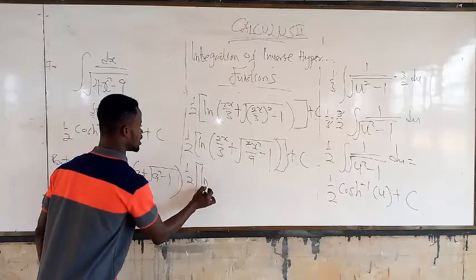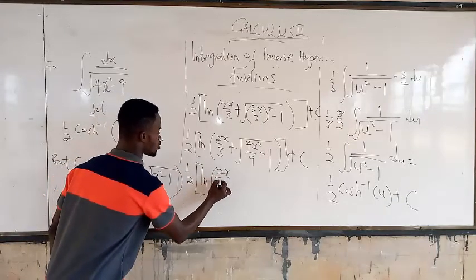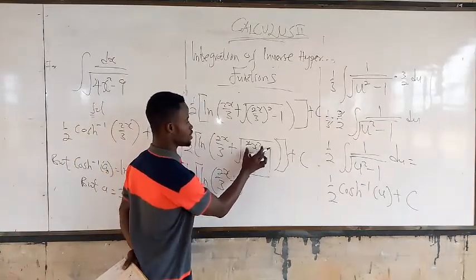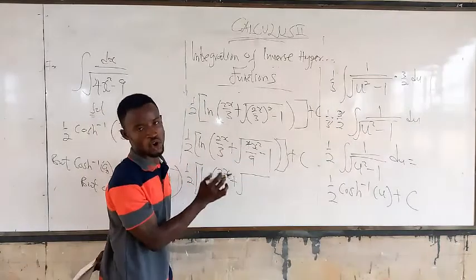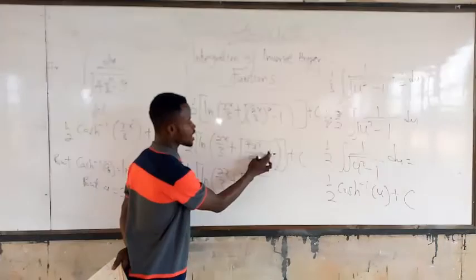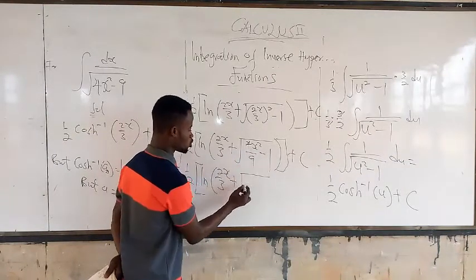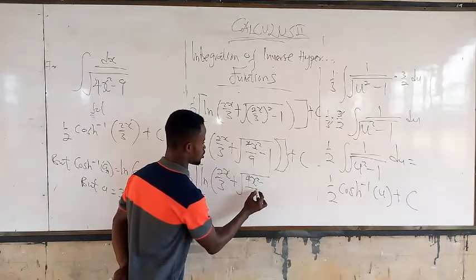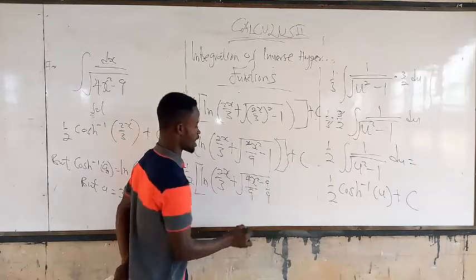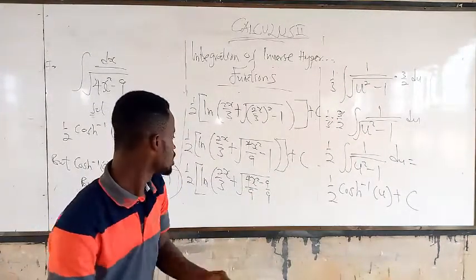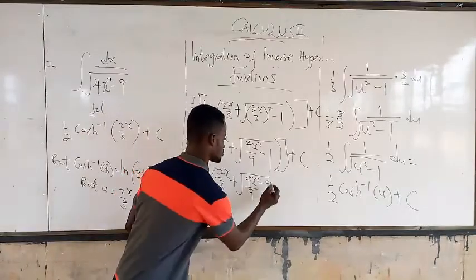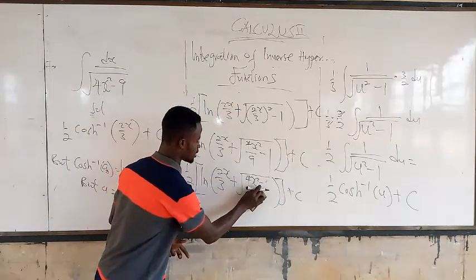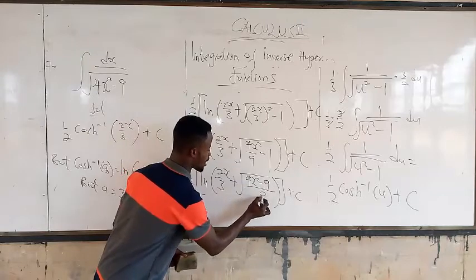Continue. ln of 2s over 3 plus, here we are going to maintain the same or common denominator. So the 1 here we are going to write 9 over 9, right? 4s squared minus 9 over 9. This one is the same as that. This is the same as 1. So I'm going to clear it, and write 9 all over 9.